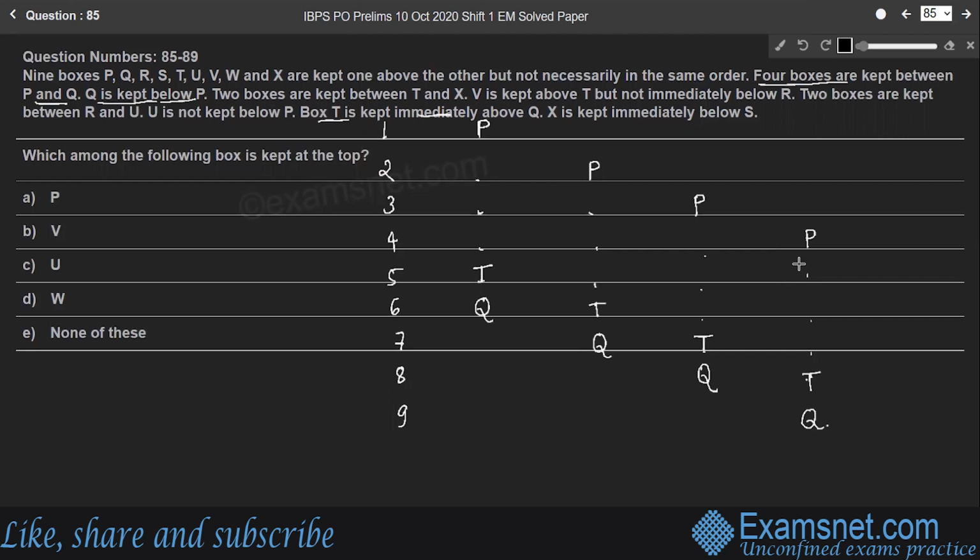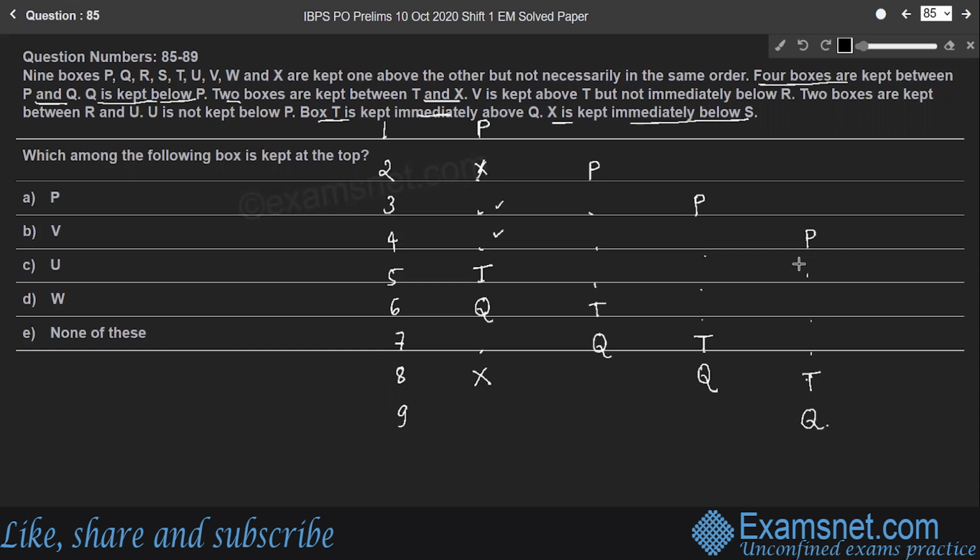And the third point here, two boxes are kept between T and X. So what is the position of X then? So Q is the sixth box, then the seventh box and the eighth box will be X. And it is given that X is kept immediately below S. So you may ask, why can't you keep the box X here in the second position, so that two boxes are between T and X?